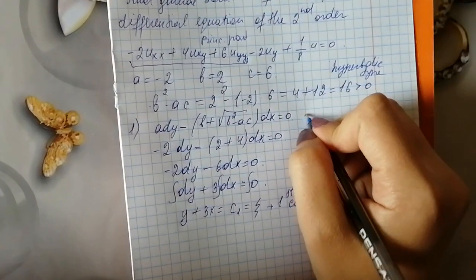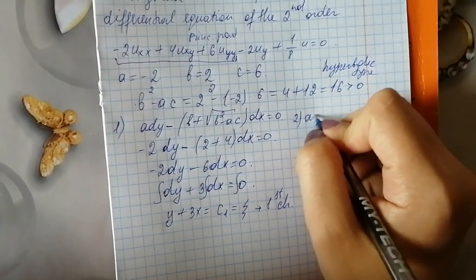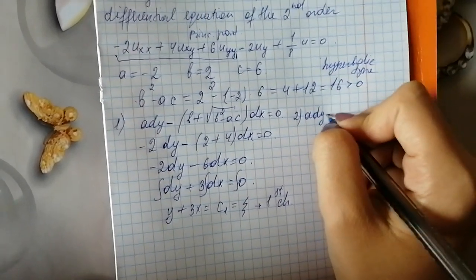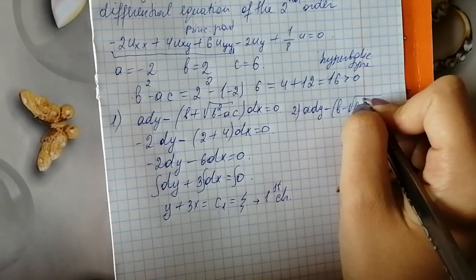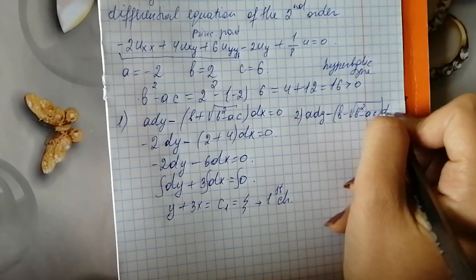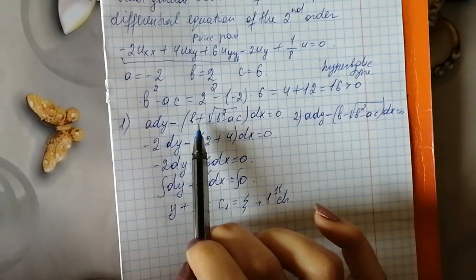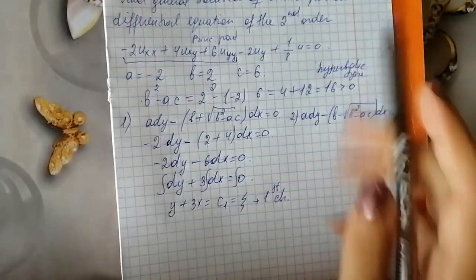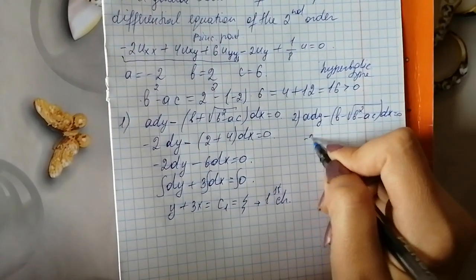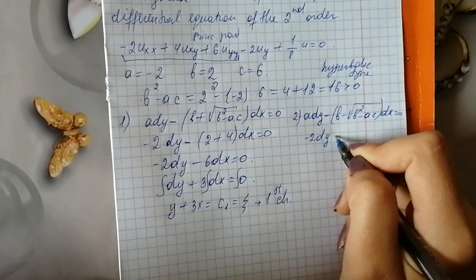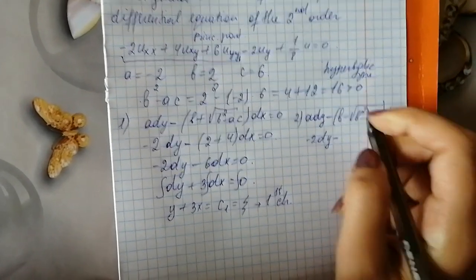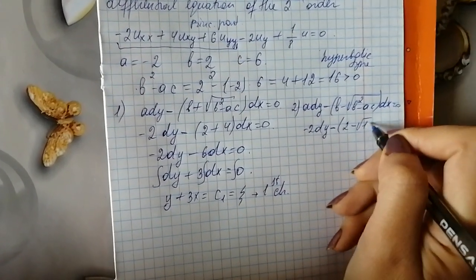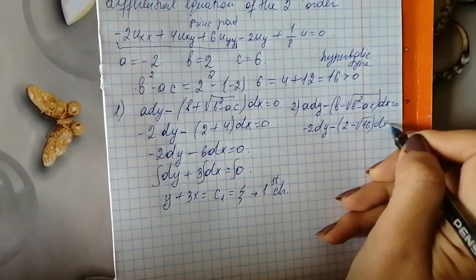Let's find second characteristics, and our second characteristics will be found by this formula: a dy minus b minus square root of b squared minus ac dx is equal to 0. You know that there is only difference between two characteristics, it's the plus and negative sign. And this will be negative 2 dy minus 2 minus square root of 16 dx is equal to 0.